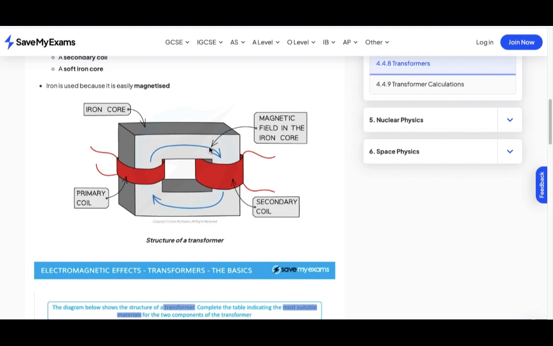When the magnetic field reaches the coil at 90 degrees, it will induce EMF according to Faraday's law, which is called the voltage. And that voltage is the output voltage that is harnessed in this secondary coil.